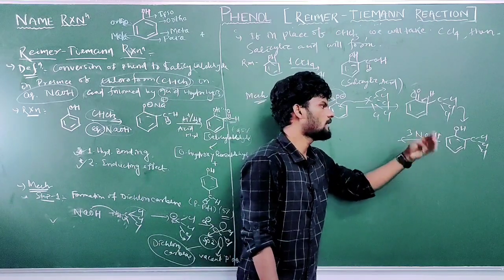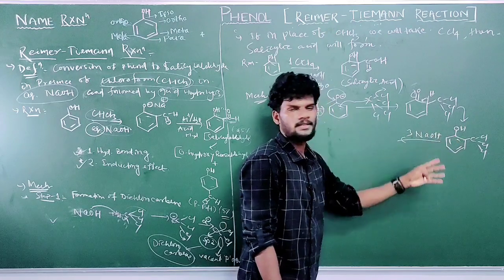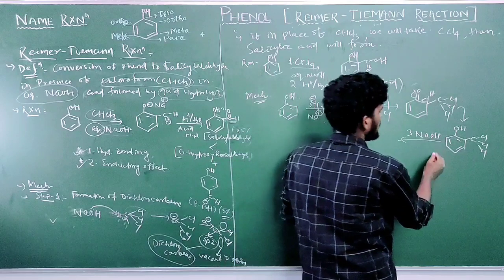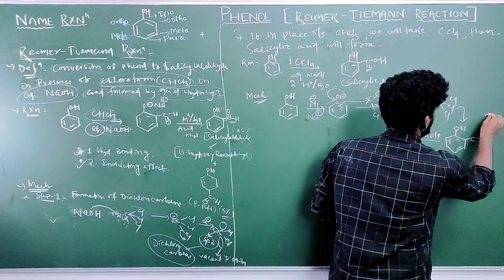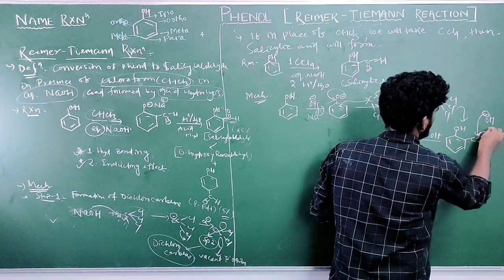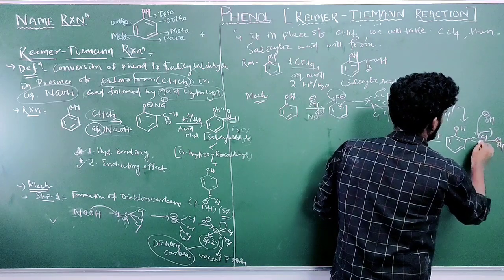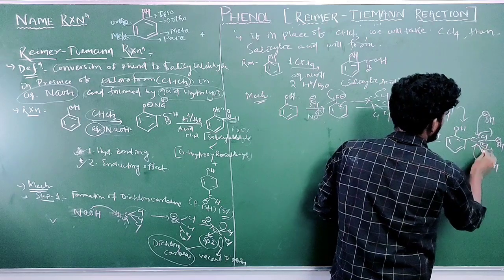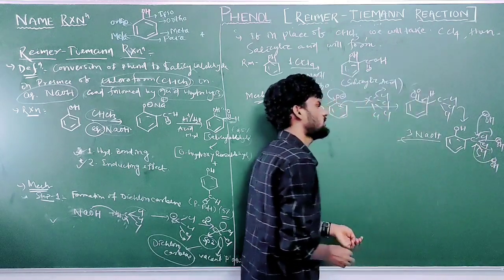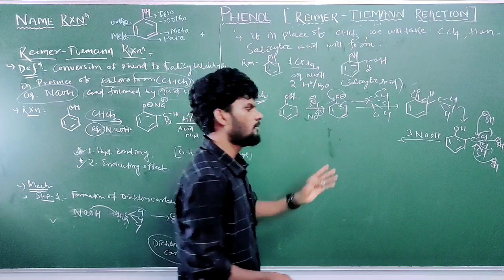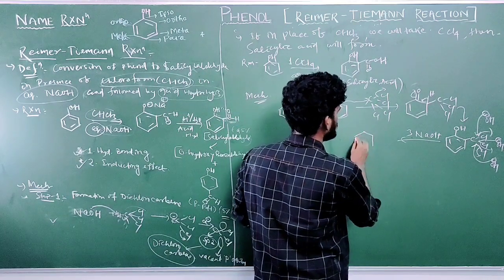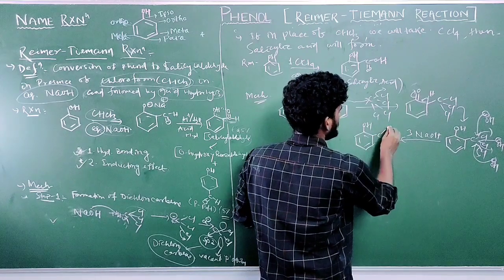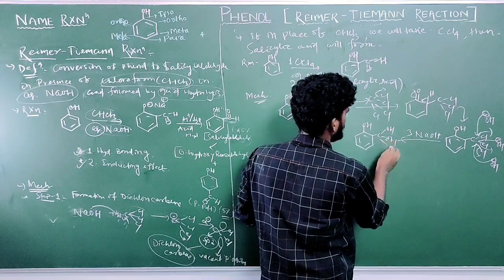One OH minus attacks this carbon, Cl releases; another OH minus attacks the carbon, Cl releases; another OH minus attacks, and this Cl releases. In this way 3 chloride ions are replaced by 3 hydroxide ions.